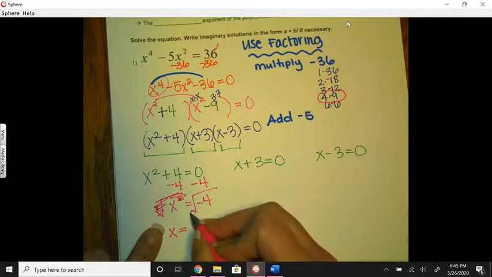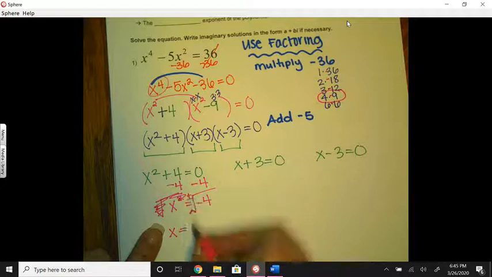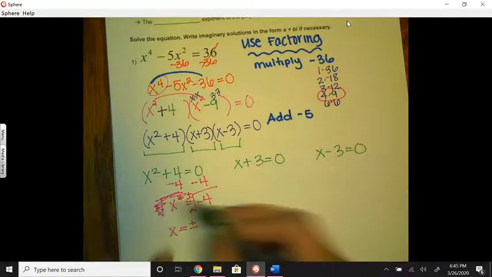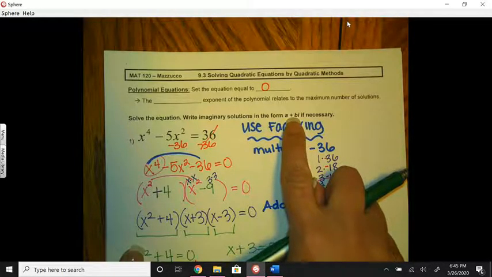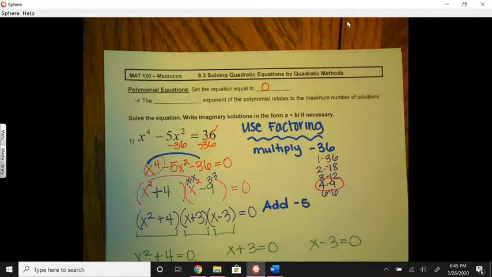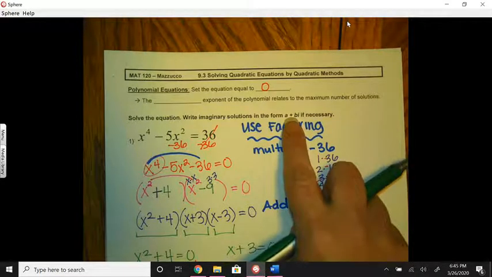Whenever we put a radical into a problem, we do need to also include the plus or minus. And then the square root of negative 4, this would not be a real number, but because our directions say, and it is implied in this class, that if we have a negative in the radical, instead of saying not a real number, we are going to also include the complex numbers.